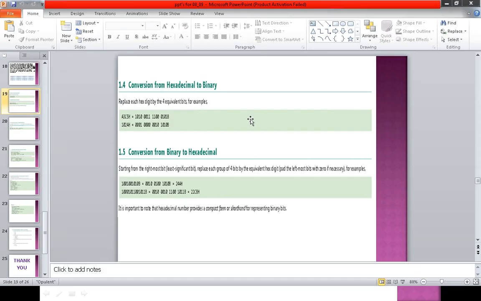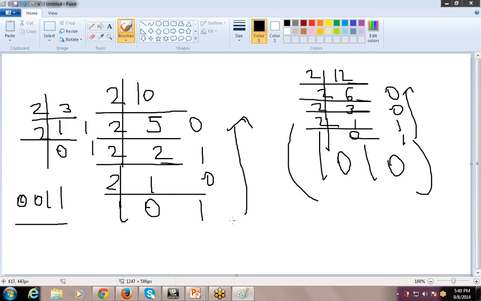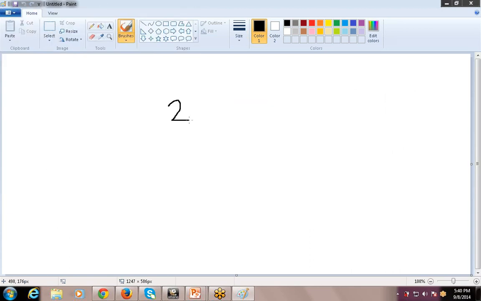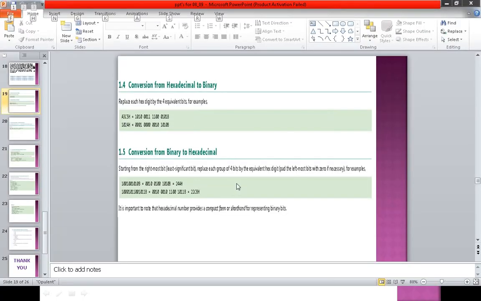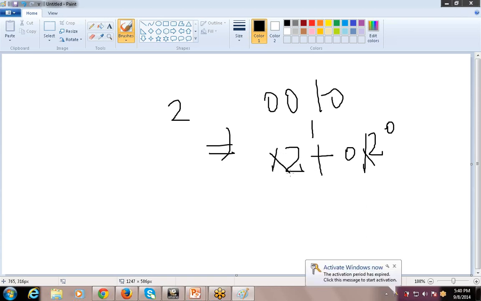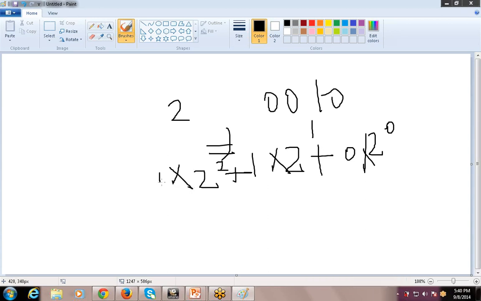First of all 2. 0 0 1 0. Using 2 power 0 into 0 plus 2 power 1 into 1 plus 2 power 2 into 0 plus 2 power 3 into 0.